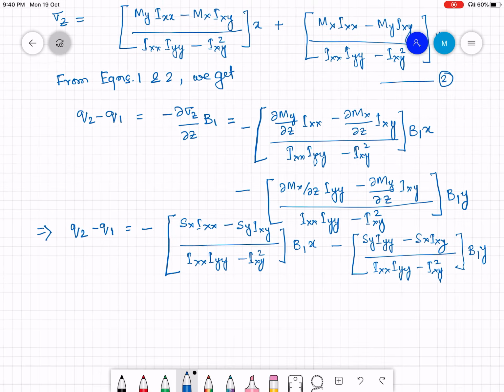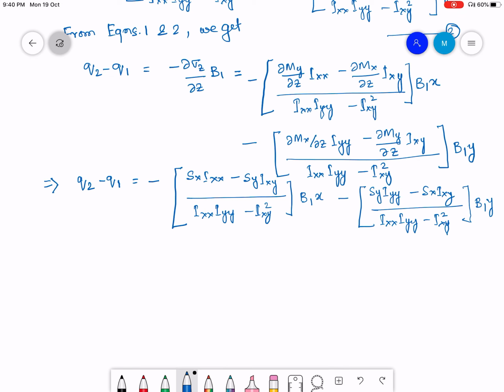Okay, so I have done it for only one, and one is arbitrary here, right? I have just named the boom as B1. It could be anything.